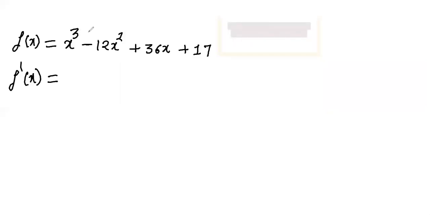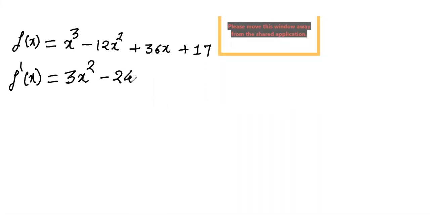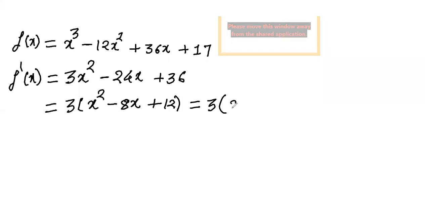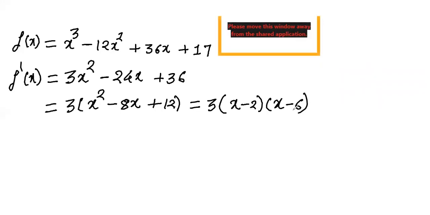This is x cube. So f dash x will be 3x square minus 24x plus 36. So 3 I will take common. It will be x square minus 8x plus 12. So it will be 3 into, I can write, x minus 2 into x minus 6, isn't it?